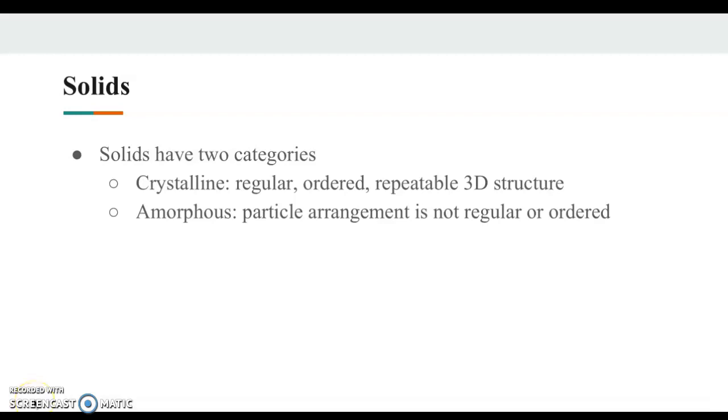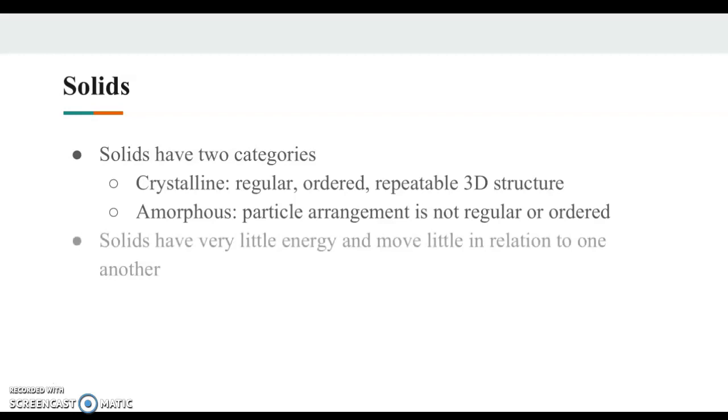Most items fall into crystalline, but there are, of course, always amorphous too, that we don't talk about that much in AP chemistry. Solids also have very little energy. They move very little in relation to one another. Again, their particles are just vibrating in place. They're not really moving past each other like you would see with a liquid and a gas.